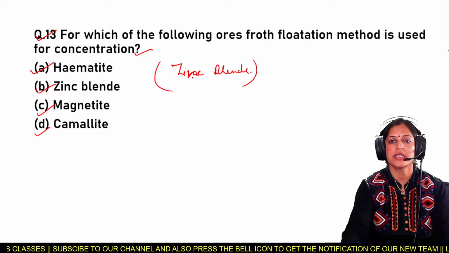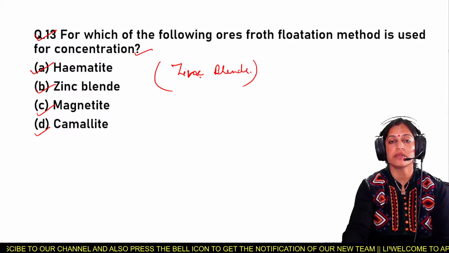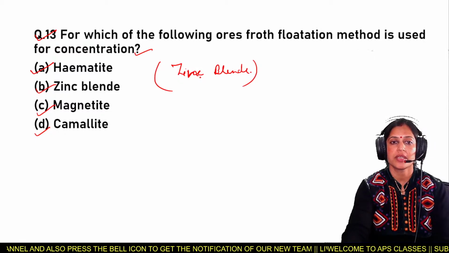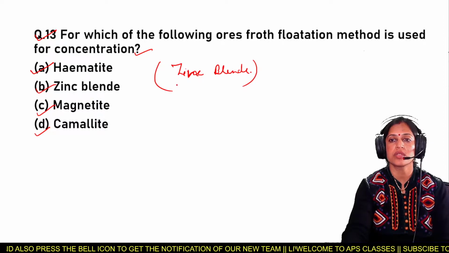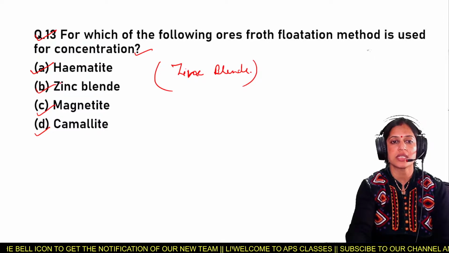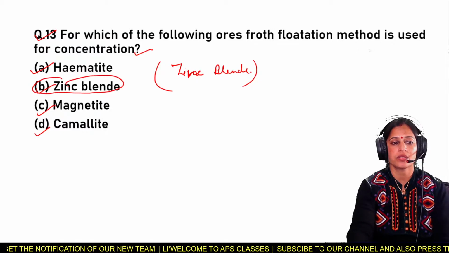So zinc blende is the ore that is used for the froth flotation method, especially for the concentration. So this is the right answer. This is question number 13.